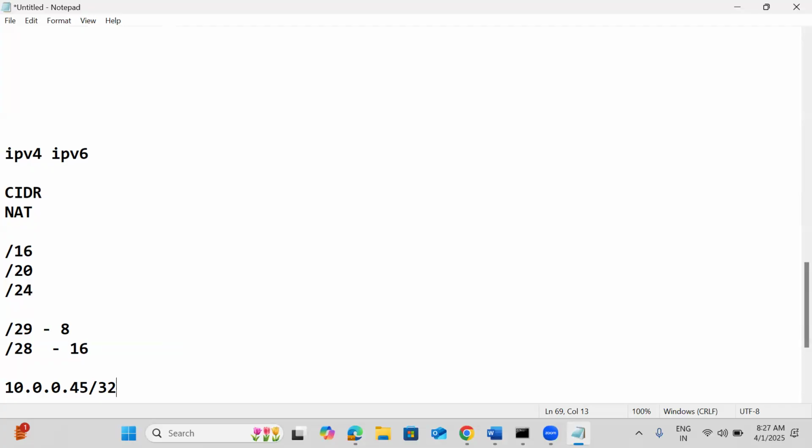Any IPv4 address can be represented with which CIDR representation? If you want to represent any IPv4 address in the world with CIDR, what is that CIDR representation?